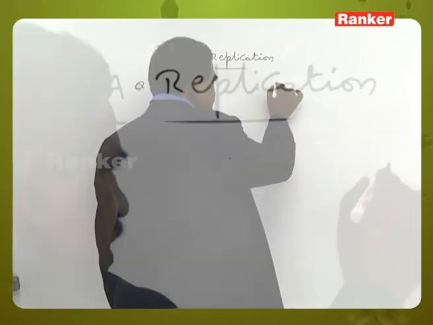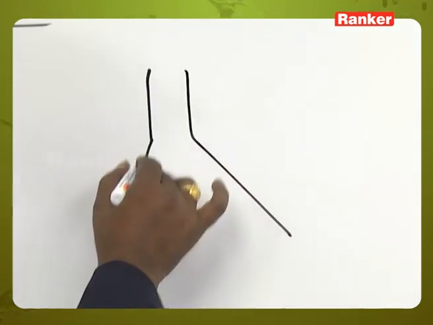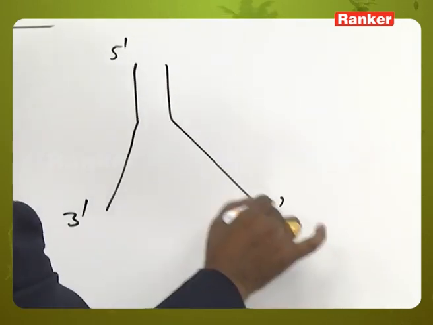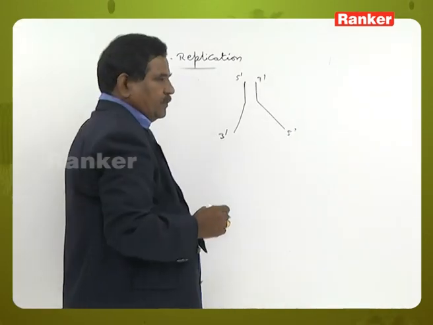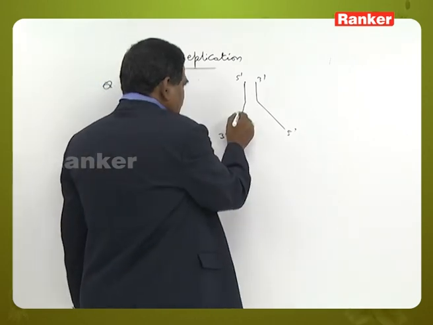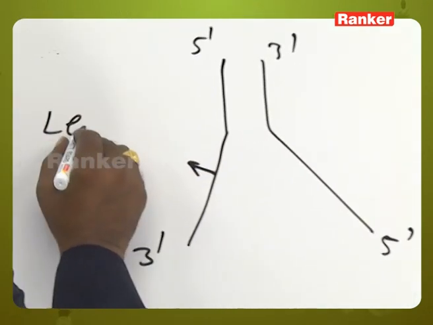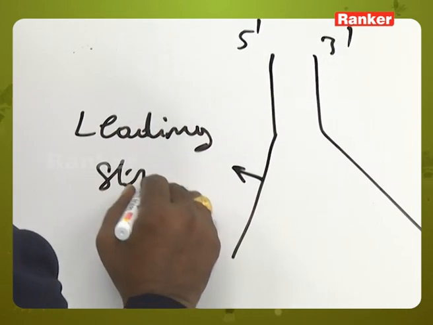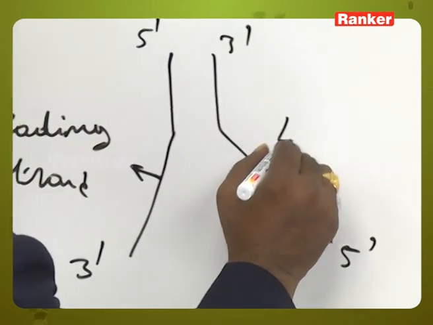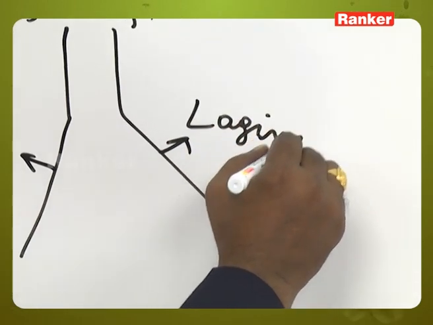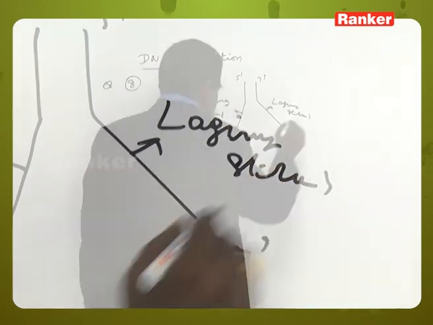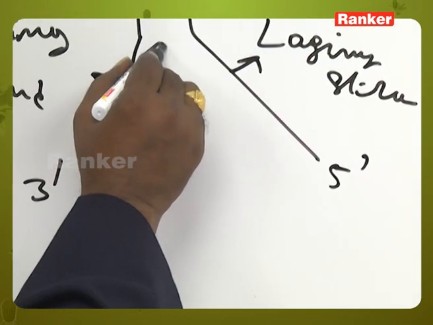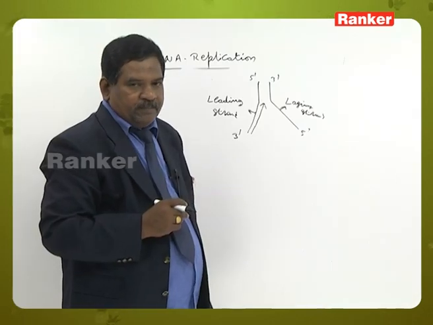So during the replication of DNA, one strand has 3' to 5' polarity, another strand has 5' to 3' polarity. It is a leading strand, and it is the lagging strand. In this one, new DNA synthesizes continuously. So it is the correct one.